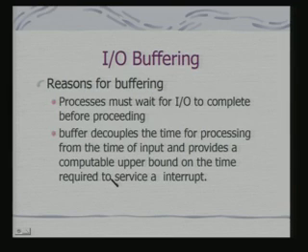Because if I consider a communication device that is getting the data and writing onto the buffer, and when the buffer is full, the communication device may generate an interrupt. So, the device is not generating an interrupt at each and every point in time when it is receiving data, okay?